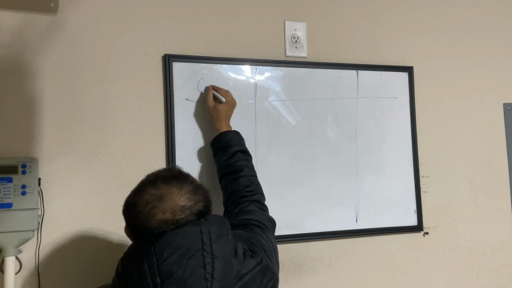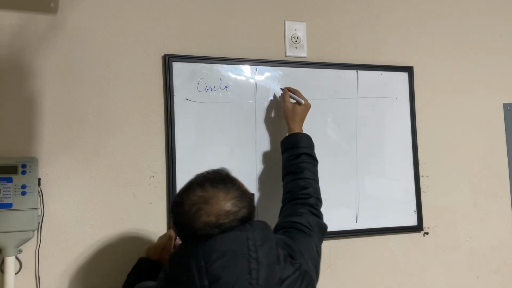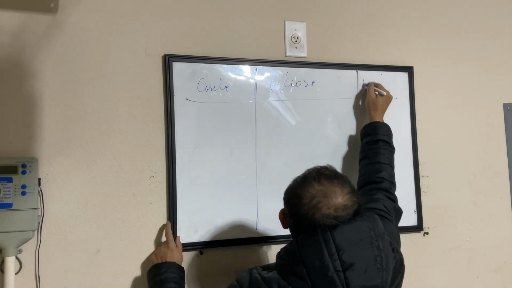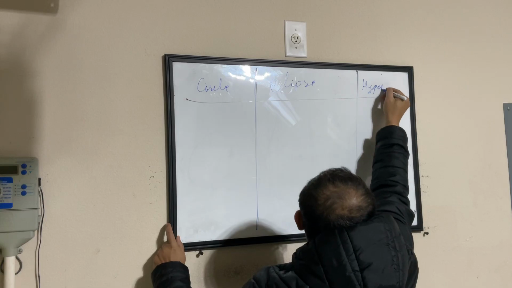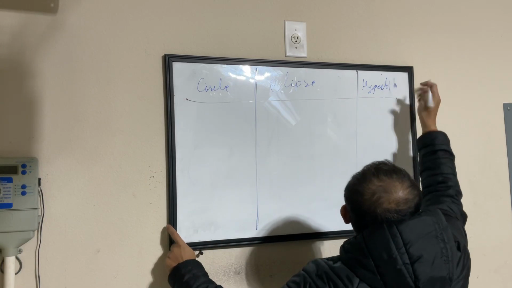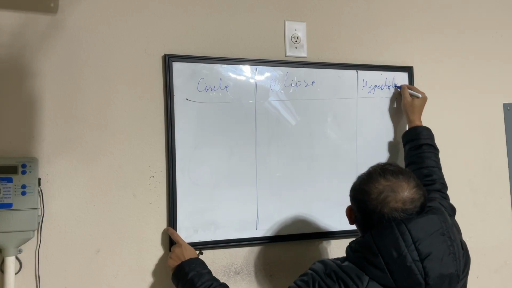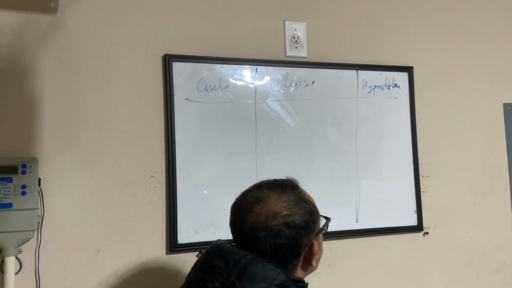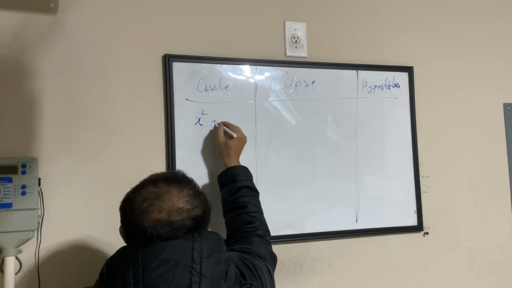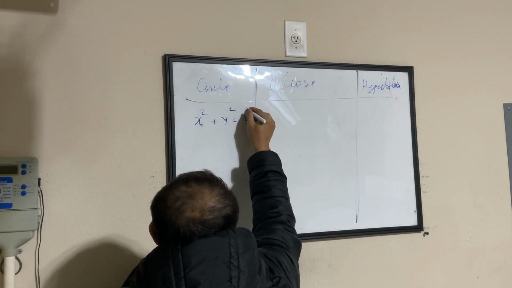So let's say this is a circle, this is an ellipse, and this is a hyperbola. So here we saw my standard form, the equation is x squared plus y squared equal to r squared.